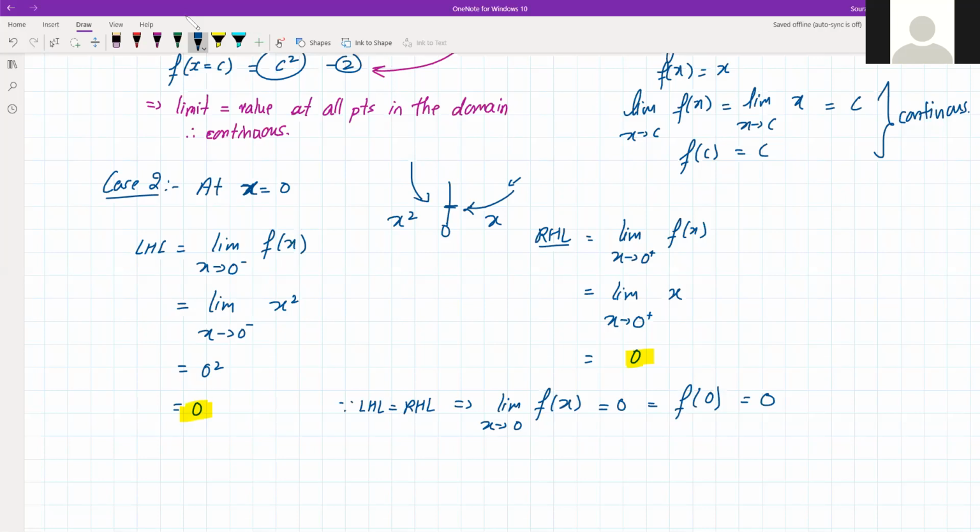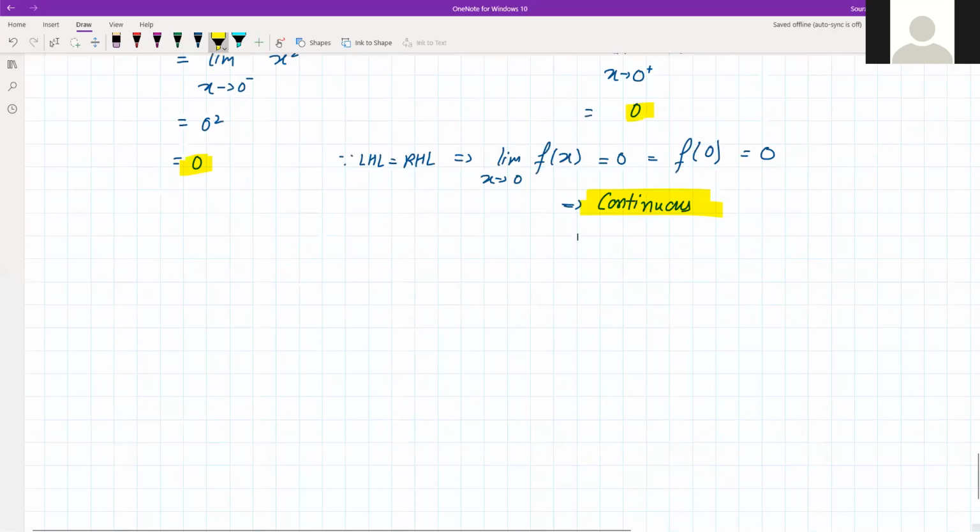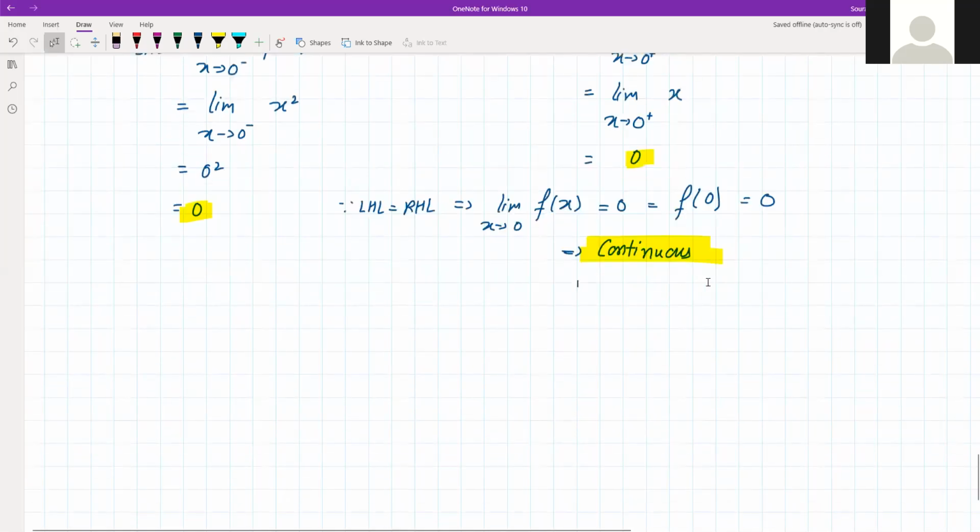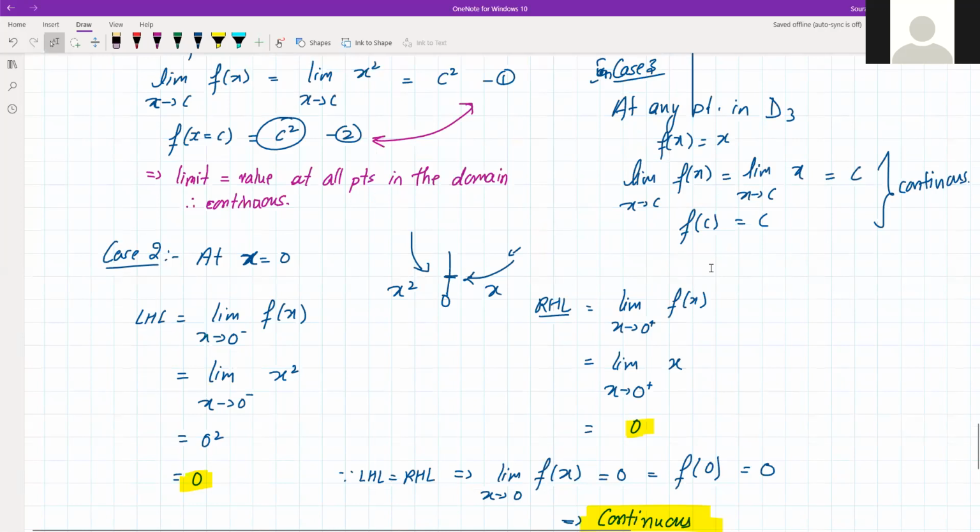So that's why this function is continuous at every point, or universally continuous. That's how such complex functions, which are not actually complex, you can see that these are just easy functions.